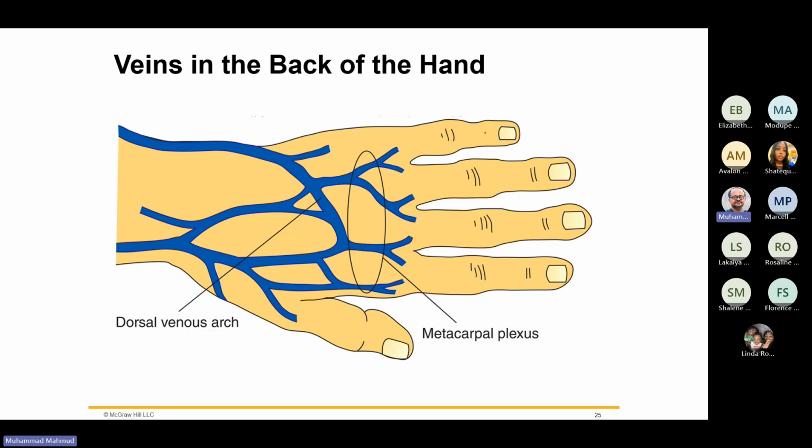If the antecubital fossa veins are not accessible, we look for these veins which are smaller and more difficult to use. In this case, butterfly needles should be required. Phlebotomists should not use veins in the head or legs, so these are the options: the antecubital fossa and back of the hand.